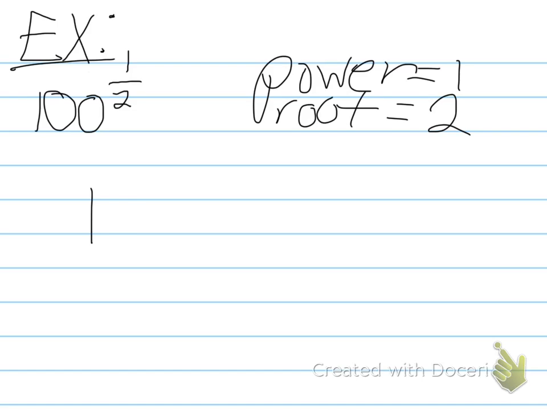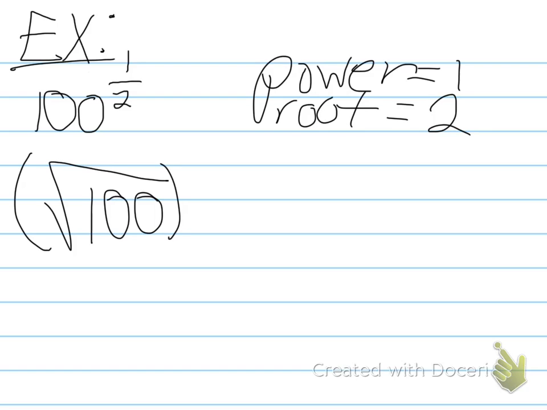We have 100 with a root of 2 to the power of 1. But of course, this will just be the square root of 100 because anything raised to the first power is just itself. We can also evaluate this expression, and the square root of 100 will give us 10.